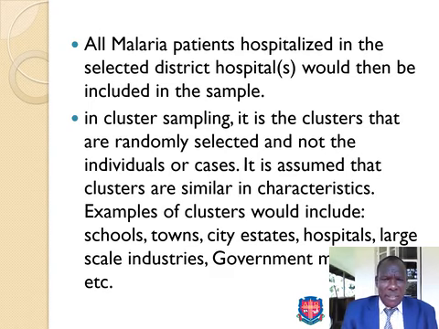So that is a reasonable number that you can study. It's normally assumed that clusters are similar in characteristics. Examples of clusters are schools, towns, city estates, hospitals, large industries, government ministries, and so on.